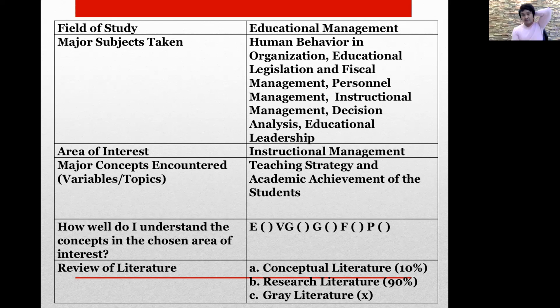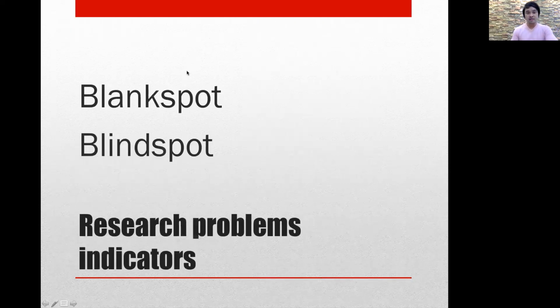After you identify a topic and you're knowledgeable about the topic, then you go to the review of literature. Alright? Why do you need to review the literature? Because you will be reading the findings of the literature. Example, you read 50 articles or research papers about teaching strategy and academic achievement. However, upon reading the findings, take note that the findings of the studies are contradicting with one another, no?